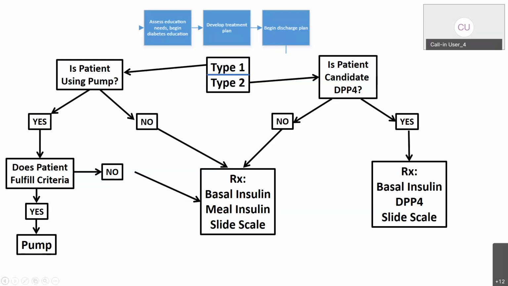Yeah. What is a DPP-4? Not you. Yes, you. And what the heck has that to do with insulin or diabetes? Doctors from China.